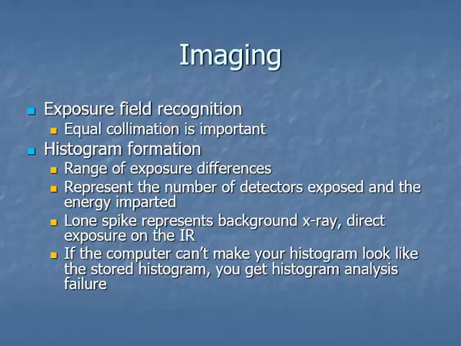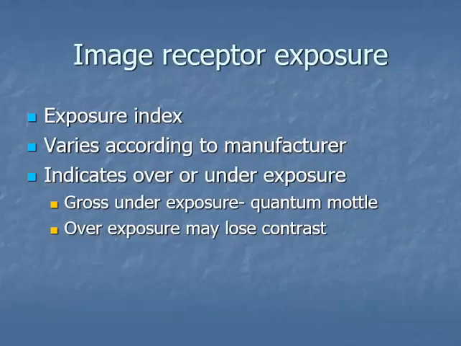So you may get an index number that indicates that you well overexposed the patient when in fact you did not. You could use too little radiation with too big of a collimated field and it would represent a high index number.